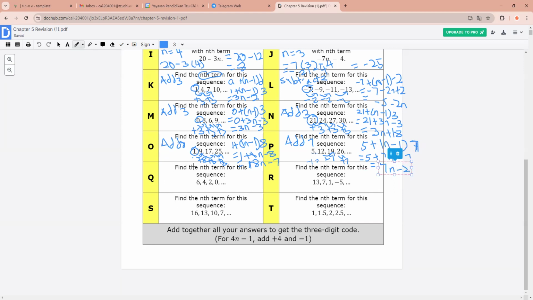Next question, find the nth term of the sequence. And you can see that the term-to-term rule is subtract 2.